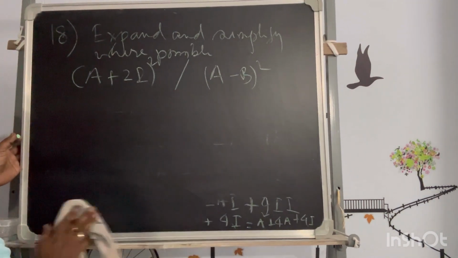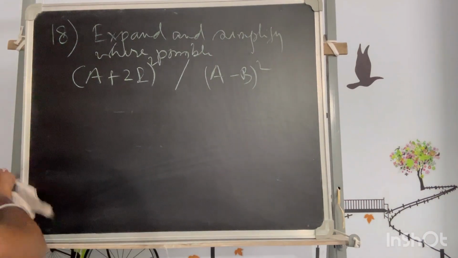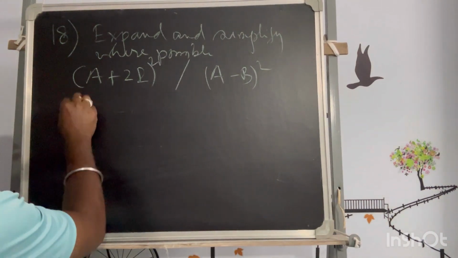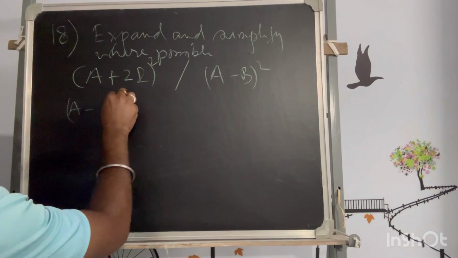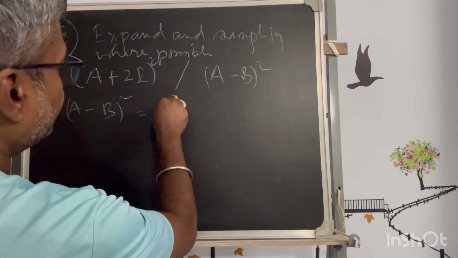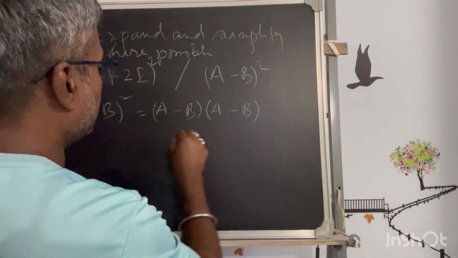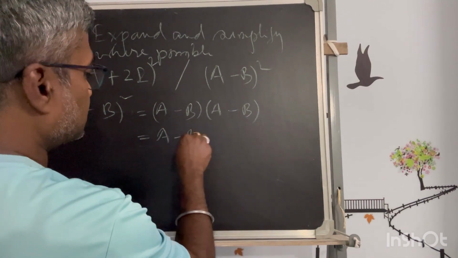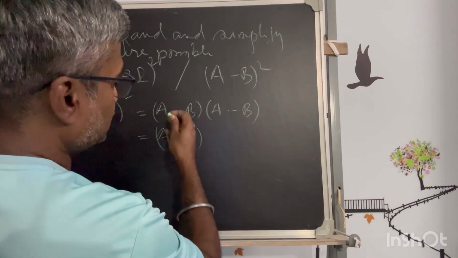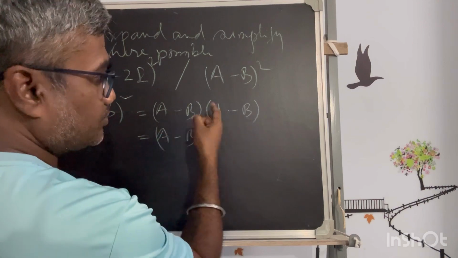The second one we have already seen. If it is a generalized form, the rule will be the same. Square means we have to keep the same way, one after one. As it is associative, this minus can be taken as plus of minus b.